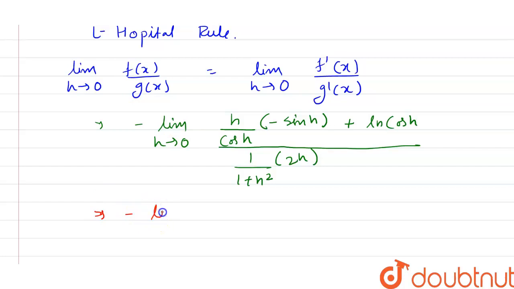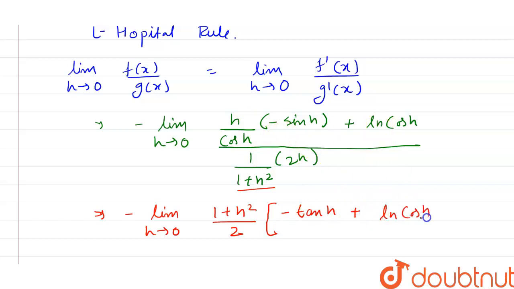Now if we solve this, this is equal to minus limit h tends to 0. From here we divide h by h, and we take the 1 plus h square into the numerator, so this is 1 plus h square by 2 into, h cancels out, minus tan h plus ln cos h upon h.